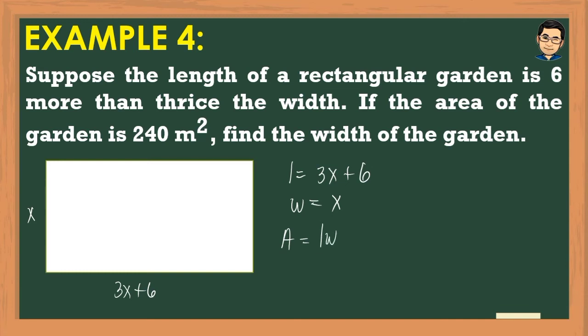So, ang gagawin lang natin, i-multiply natin yung L and W. So, 3x plus 6 times x, and then equals 240. So, pwede siyang maging ganito. 3x squared plus 6x is equal to 240.